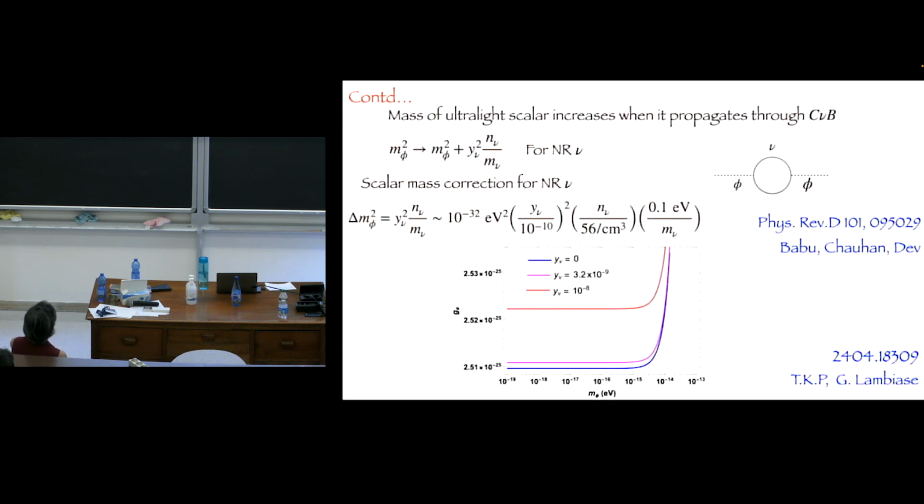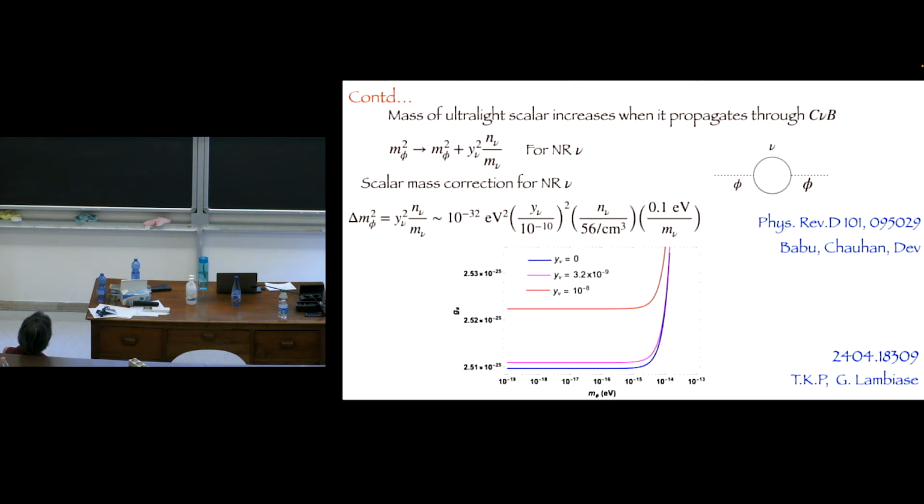One thing is that now I am considering that my scalar is emitted from the pulsar, the neutron star, and if there are relic neutrinos in the background, the scalar field can get a thermal mass from this diagram. Then you see that m_phi squared increases by this amount for non-relativistic neutrinos, where y_nu is the coupling of phi and nu.